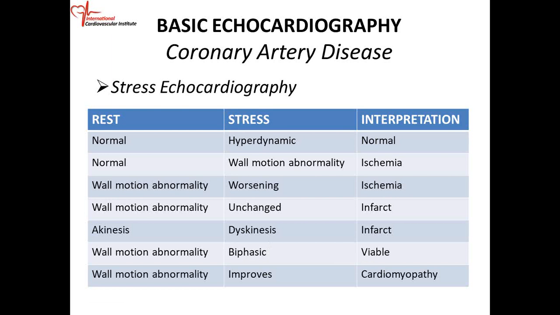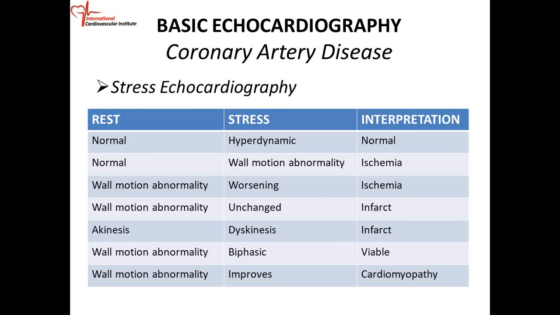So if it's abnormal at rest and with low dose, you get increased, say, thickening or increased motion. And then at the peak of the dobutamine, it becomes akinetic again, or hypokinetic, not akinetic, but hypokinetic with peak. Then that's what we call a biphasic response.